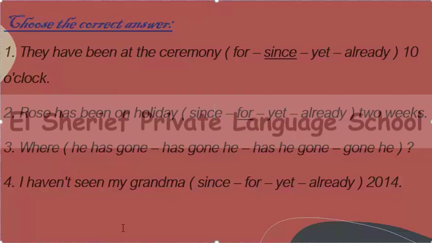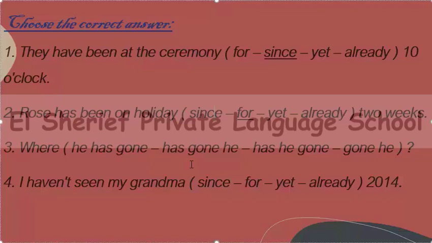Number 3. Where he has gone, he has, has he gone. Of course we can't use gone he. And of course after any question word we put the helping verb. So we can't use he has gone. And of course we can use has gone he.